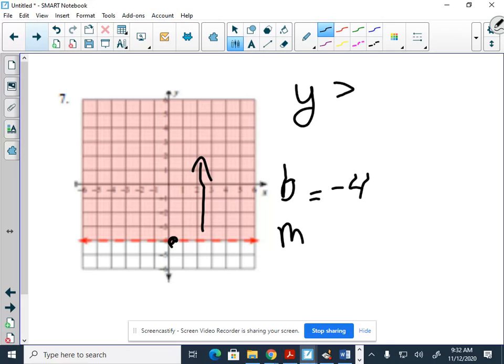But then to get to another square, we go up 0 over 1. Or M is 0. So we can write 0x minus 4, but if we have 0x, the 0 times x disappears, so it's y is greater than negative 4. Okay?